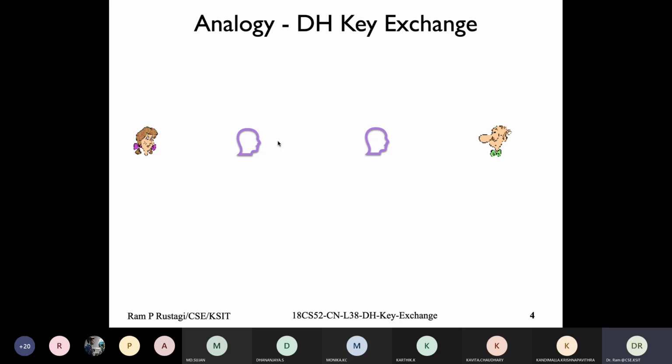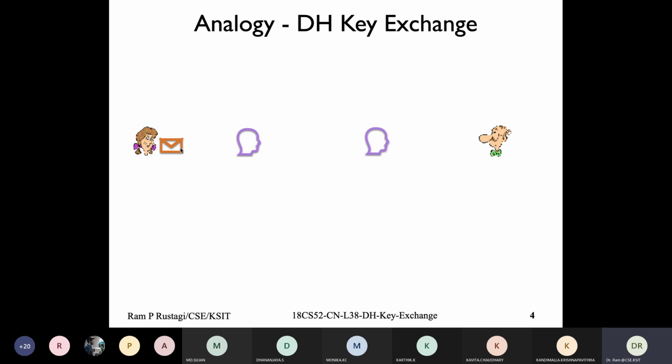I'm trying to give a conceptual analogy, and using that, we'll see how the same thing could be done mathematically using modular arithmetic. Let's consider that a value is agreed upon and say this is the value you would like to use.